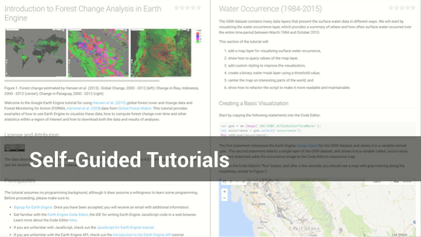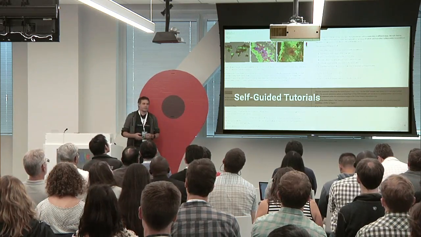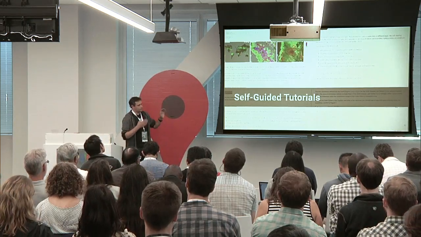We have a couple of new things that happened not in Earth Engine itself, but around Earth Engine that make it easier for all of you to do amazing things that I wanted to plug on the way out here. The first is we launched our first few self-guided tutorials that take some particular topic area. These are examples from looking at global forest change and looking at global surface water variability.